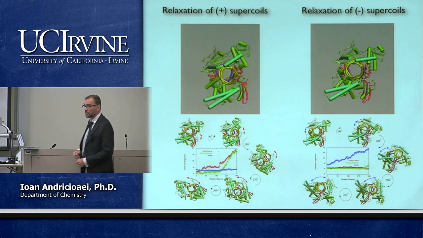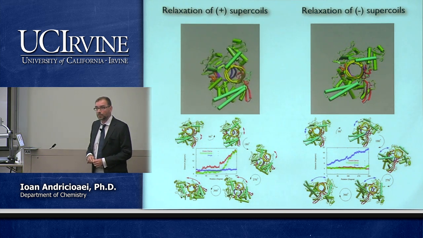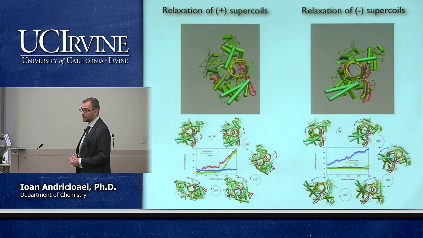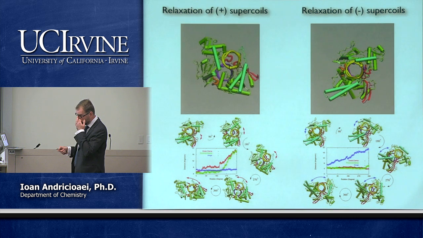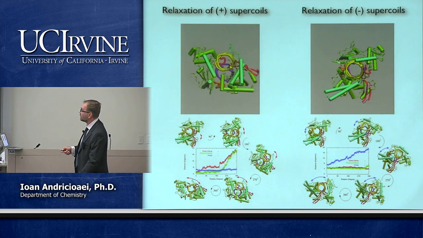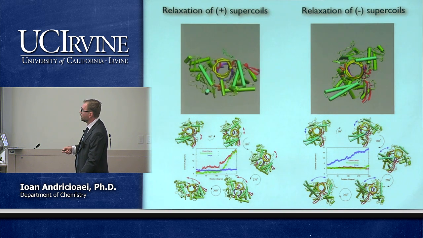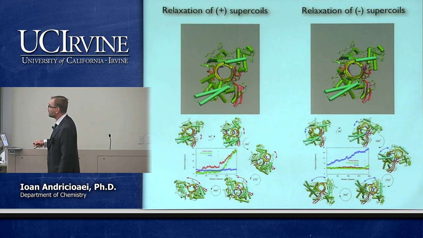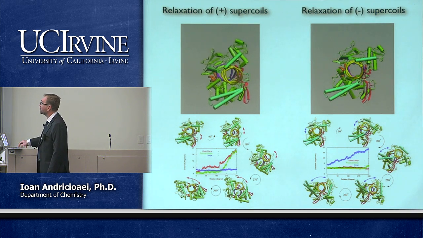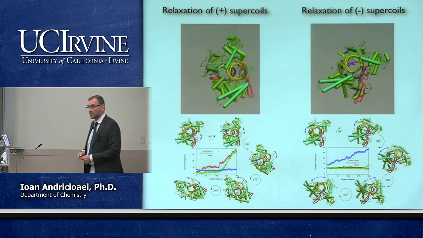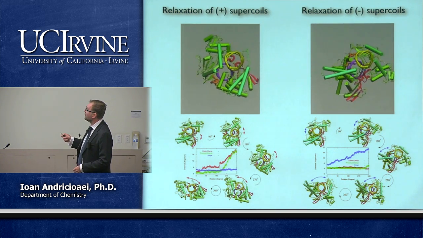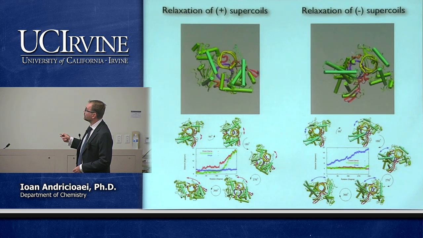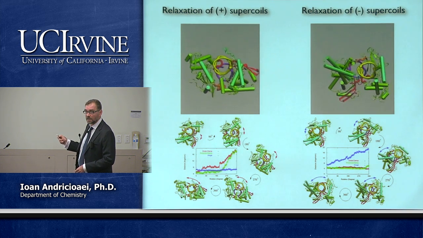Now, what we do is to calculate the potential of mean force for this rotation. It's basically a free energy profile along the rotational degree of freedom. The quantities needed are recorded, and we can calculate the potential of mean force. So if we do that then what is this? Well, this is the same thing, but this time, if you notice, the DNA rotates in the other direction.